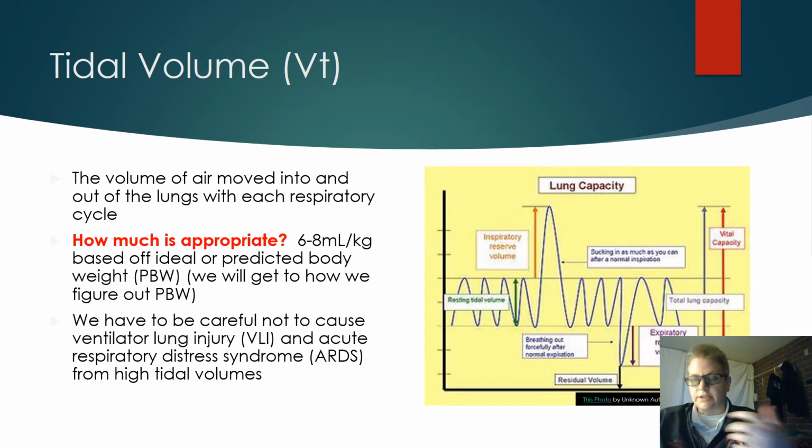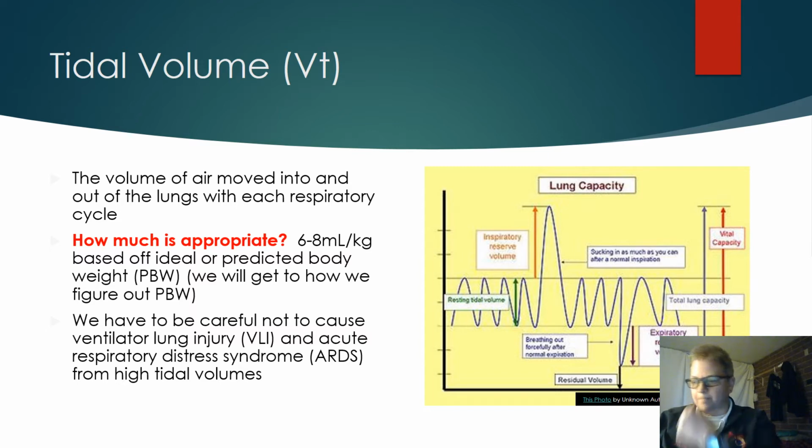Traditionally, in the old days when I was a young paramedic, they used 10 to 15 mils per kilo on those ventilators. They just wanted to recruit both entire lungs, keep those alveoli open and recruited using those high tidal volumes.